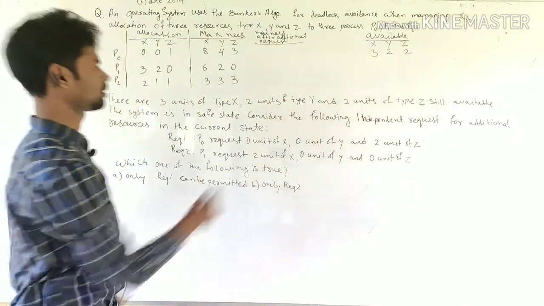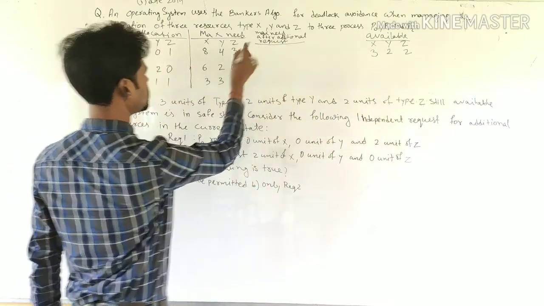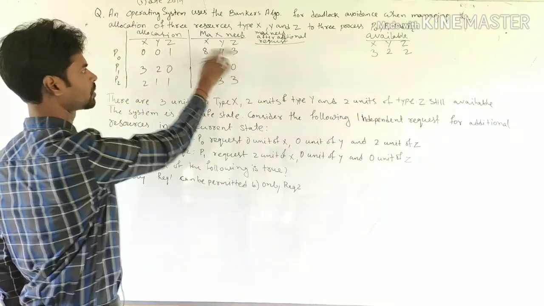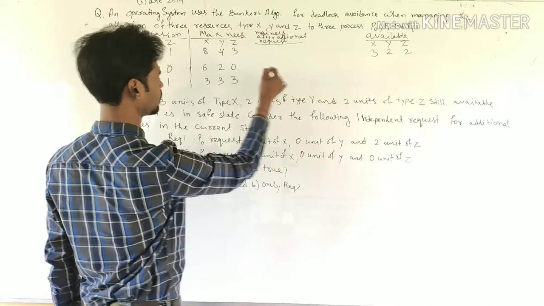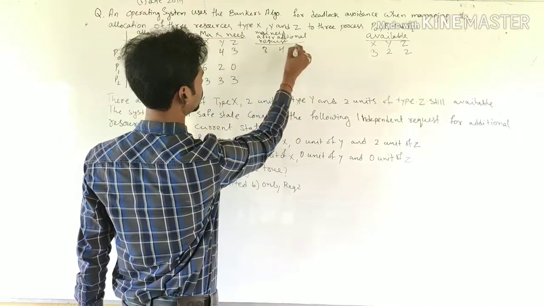It requests for 0, 0 and 2 units. Add these 0, 0 and 2 units to this. So, 8, 4, 3 is given. After addition, 8, 4, 5.